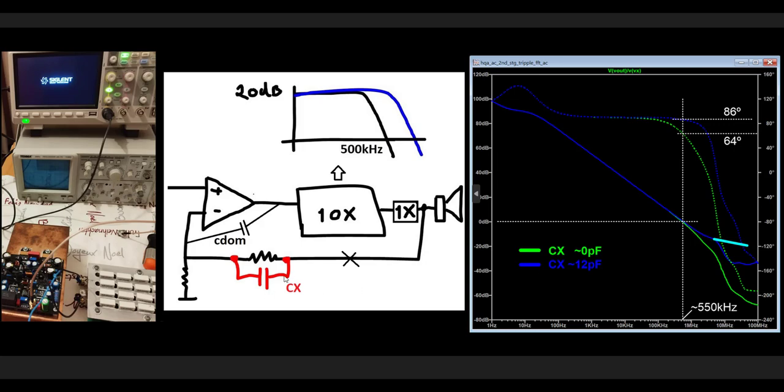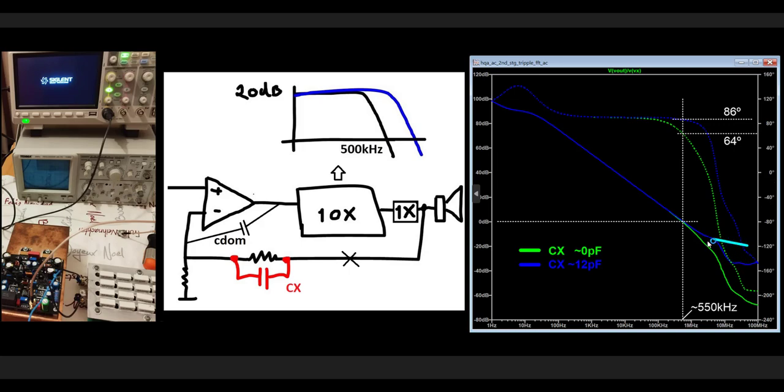This cap will introduce a zero, and we can see this. This is the effect of one pole, and this is the effect of 1 zero. Of course, the gain goes down again because we have more poles in the circuit.